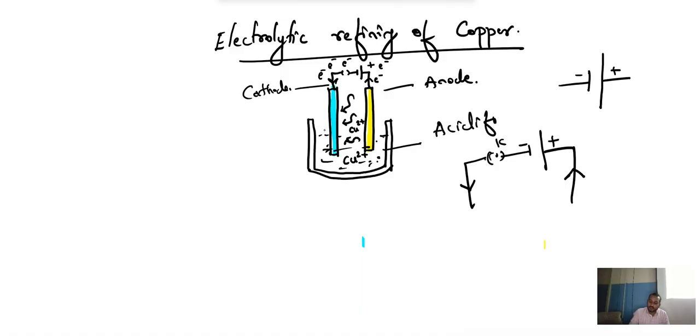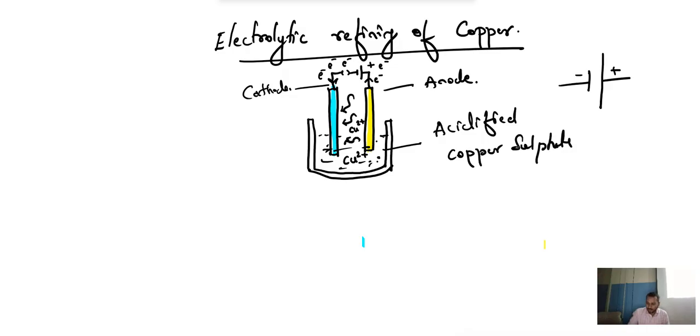acidified copper sulfate solution. Now what I have shown with dotted lines, that is the acidified copper sulfate solution.